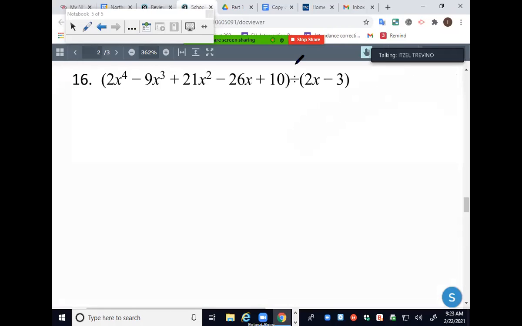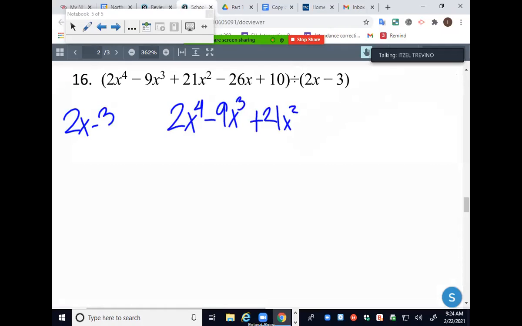And what was at the beginning goes inside my little house. So I'm going to put 2x minus 3. And then on the inside, I'm going to put my numerator. 2x to the fourth power minus 9x cubed plus 21x squared minus 26x plus 10.